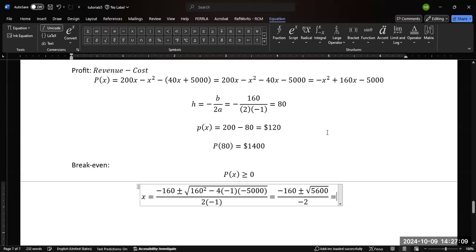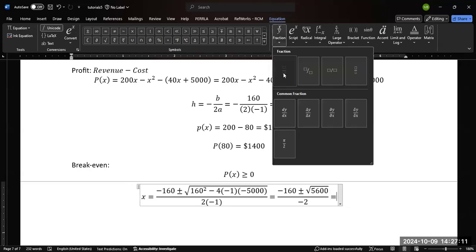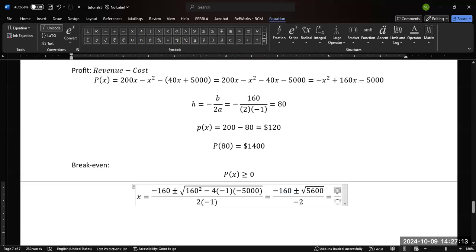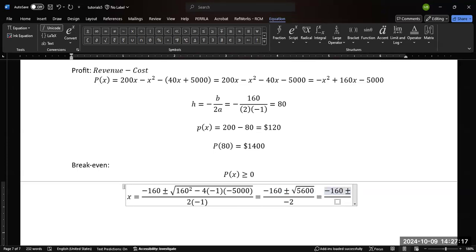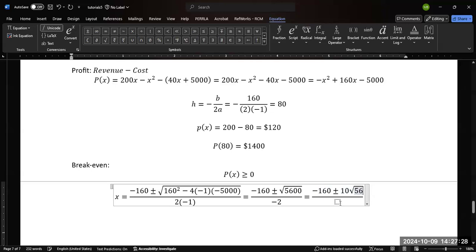And just to make this a little easier, I'm going to simplify my radical just a little bit. Probably not all the way, but I don't really need it all the way. I know that since there's 2 zeros there, there is a factor of 100 that I can take out of 5,600. The square root of 100 is 10, divided by -2.